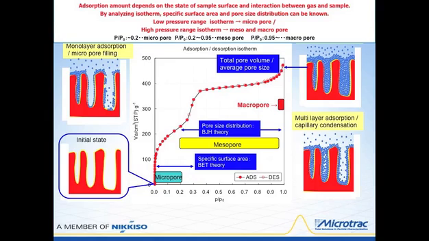Now, it's important to realize that as materials change, their surface chemistries can change as well. So adsorption phenomena is totally a matter of the state of the sample surface and the ability of the gas and the sample to interact favorably, and that really gets into the surface energies and other aspects of surface chemistry.